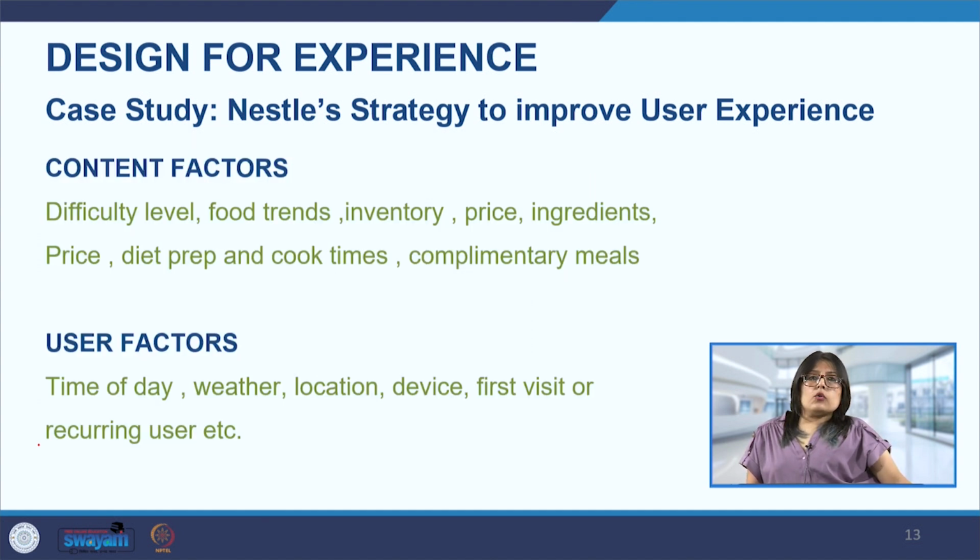And then they also were able to judge the difficulty level of the user, the food trends, the inventory, the price of the items. So what kind of information the user would need, the ingredients and other things, and the weather, the location, which device the user is accessing this app on, and whether this is a first time user or a recurring user.